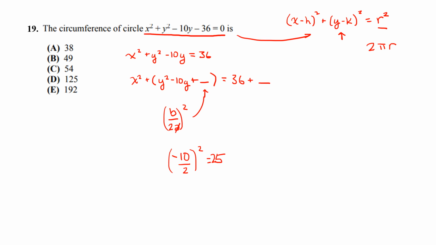And so our term here is 25 and 25. Let me write this out again. X squared plus y squared minus 10y plus 25 equals 36 plus 25, which is 61. And now that we have this polynomial, we can separate it out into y minus 5 squared.